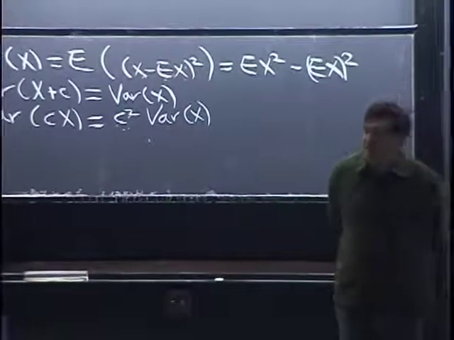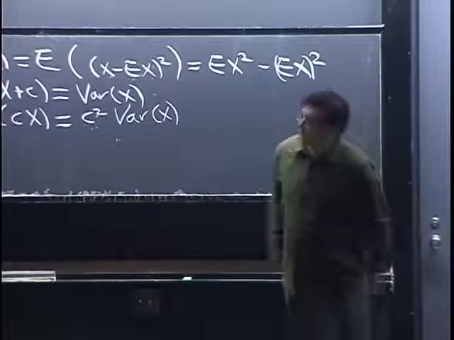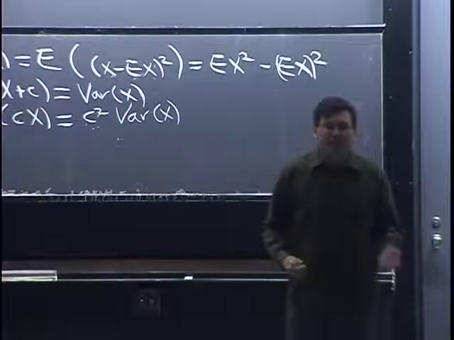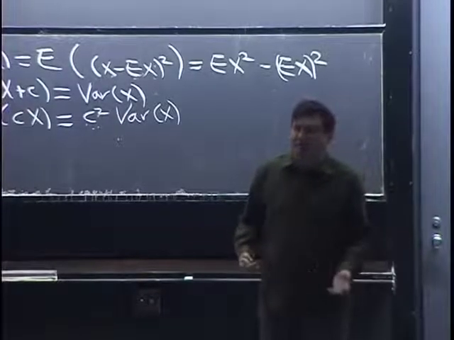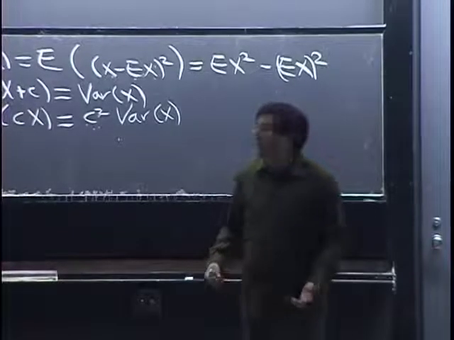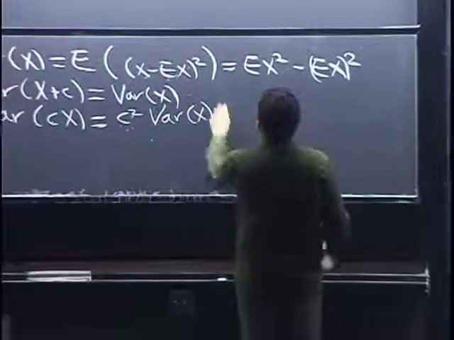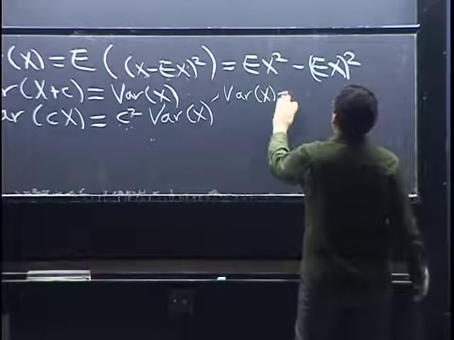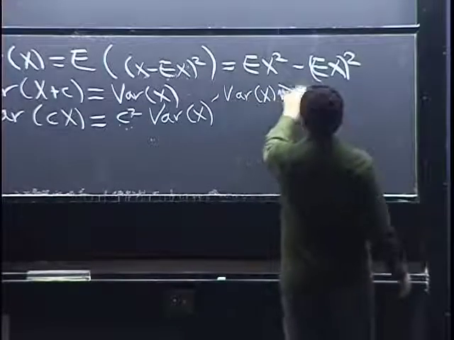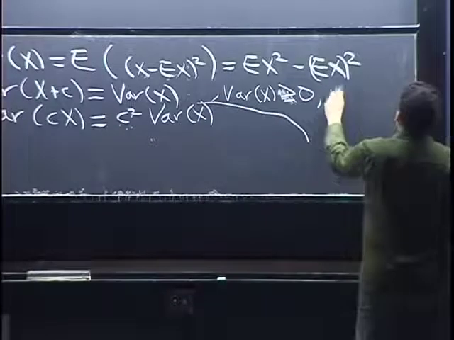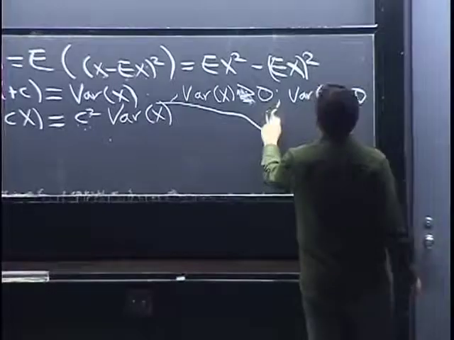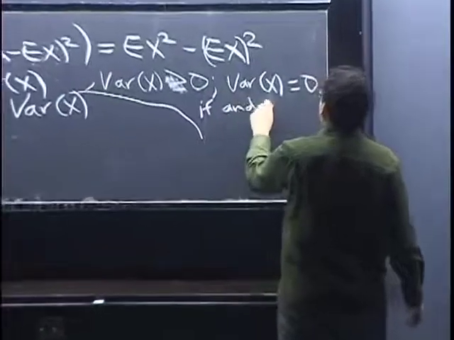Variance cannot be negative. Okay, so anytime you compute a variance, the first thing you should check is whether the thing that I wrote down is at least non-negative. And the only case where it could be 0 is if it's a constant. So it's always greater than or equal to 0, and the variance of X equals 0 if and only if X is a constant with probability 1.